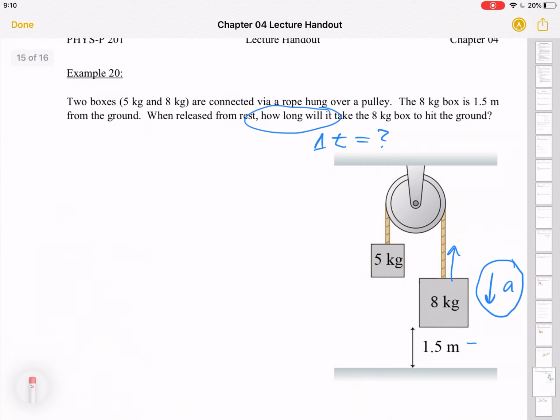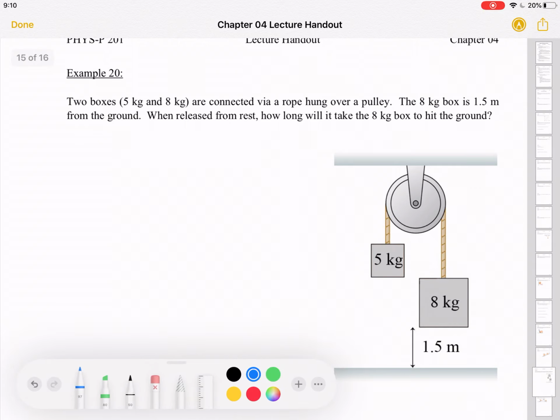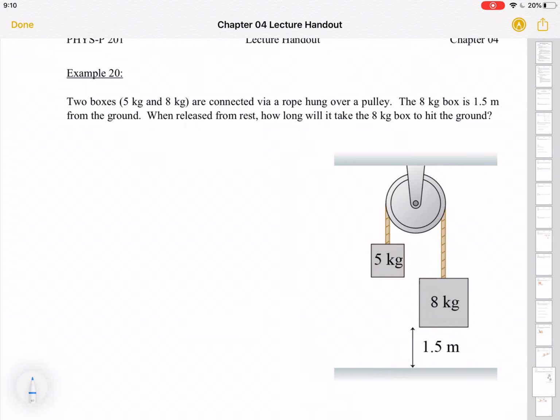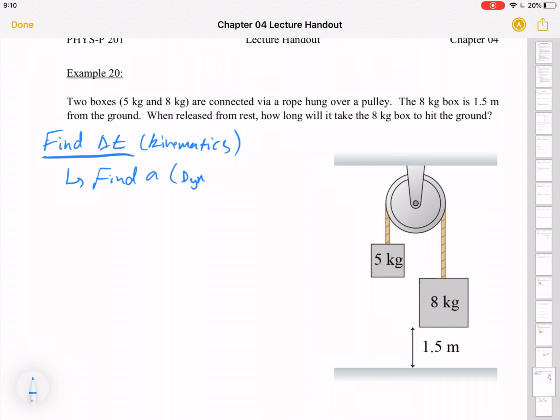So let's sketch that out very quickly. The question is, find delta t, which again is kinematics. But to do that, I need to find the acceleration of the system, which is going to come from dynamics.